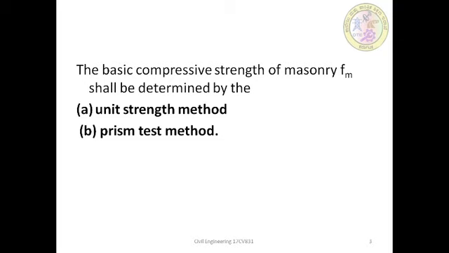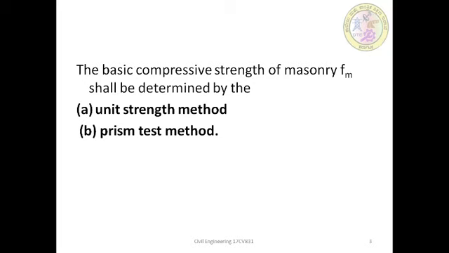The basic compressive strength of masonry shall be 4 times the basic compressive stress, which is based on the strength of units and the type of mortar. The unit strength method is based on the compressive strength of the masonry unit and masonry type, and is developed by using prism test data.